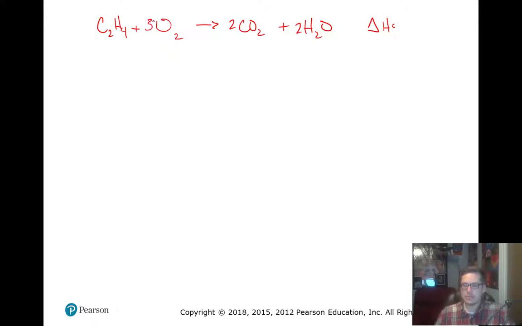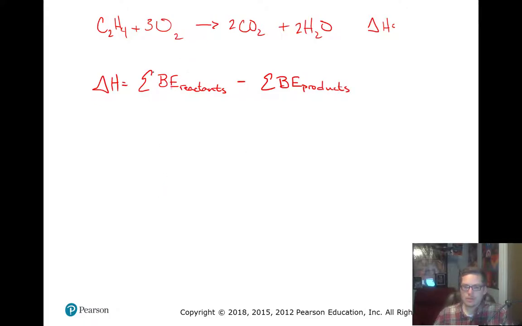Now, the basic formula to solve this is that your delta H is going to be equal to the sum of all of the bond enthalpies of the reactants minus the sum of the bond enthalpies of the products.